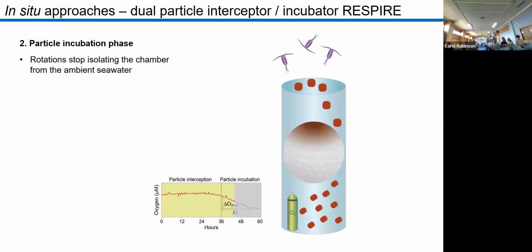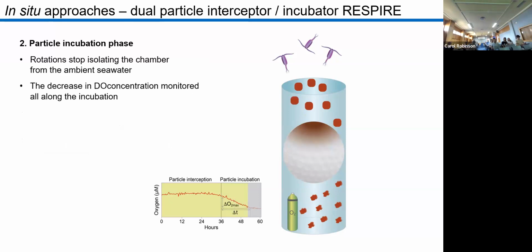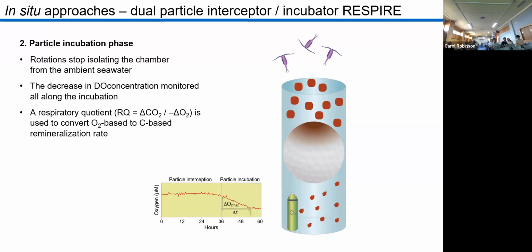So then we switch to this incubation mode. The sphere stops its rotation, isolating this incubation chamber from the ambient seawater. Then we follow the decrease in oxygen concentration along this incubation phase with the optode.